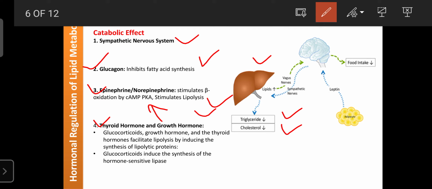Here, glucocorticoids, growth hormone and thyroid hormones facilitate lipolysis by inducing the synthesis of lipoproteins. Glucocorticoids also induce the synthesis of hormone sensitive lipase, which is involved in the breakdown of lipids.